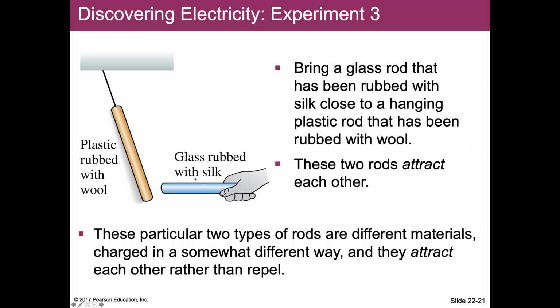And in later slides, we will learn that after you rub the glass with the silk, the glass will be charged by positive charges. So this is positive, and the plastic rod is negative. So positive attracts negative.